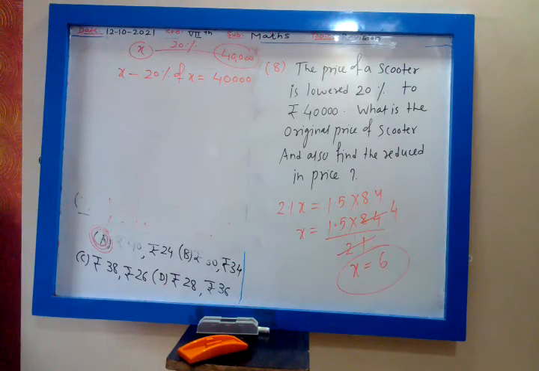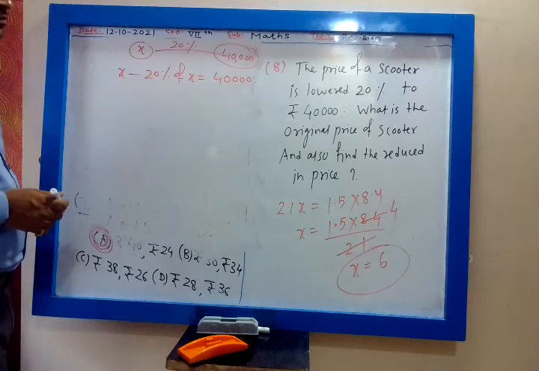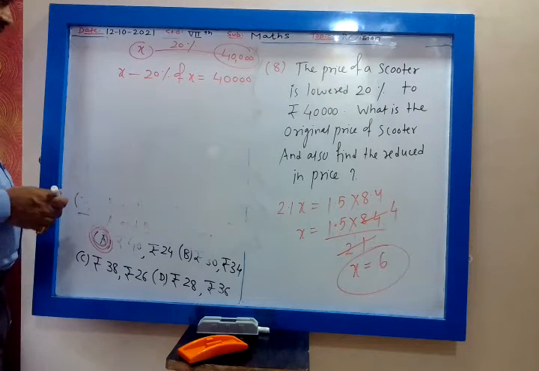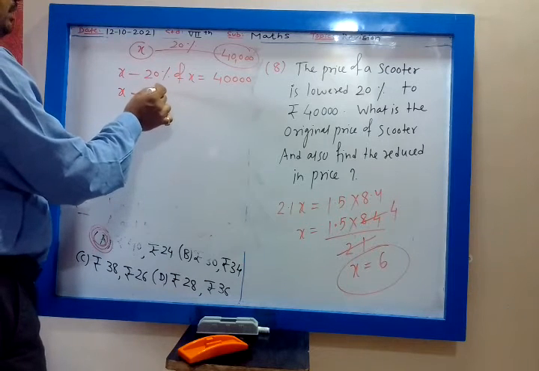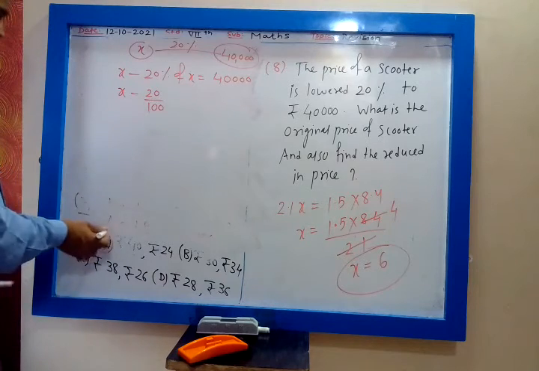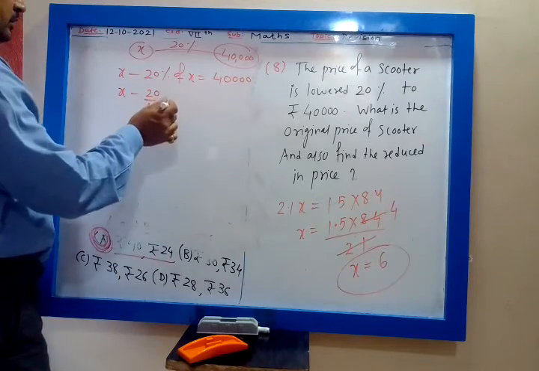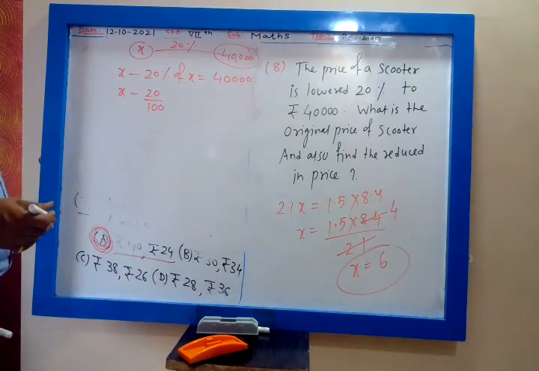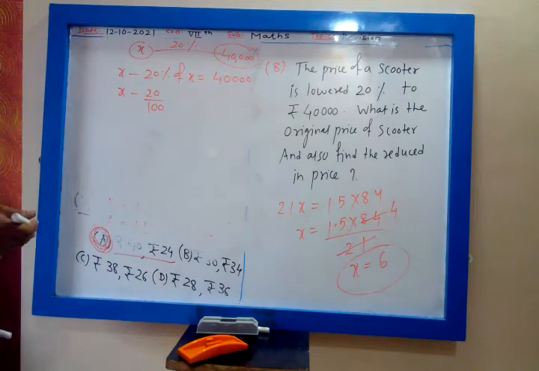Yes, my dear. So x minus 20% of x. Seventh question option is A: 40 rupees and 24 rupees. Divide 64 rupees between two persons A and B in the ratio 5:3.